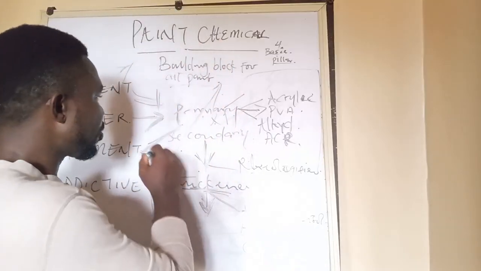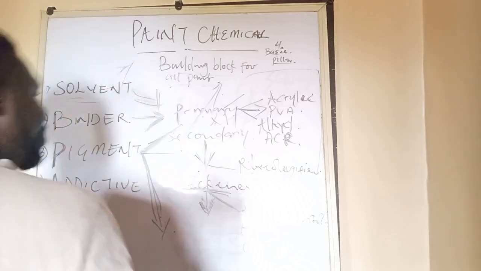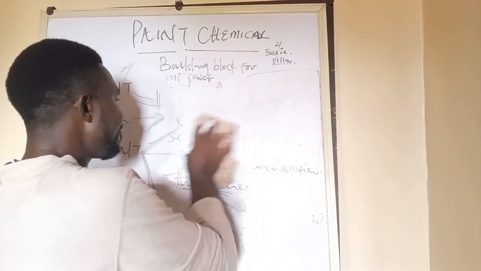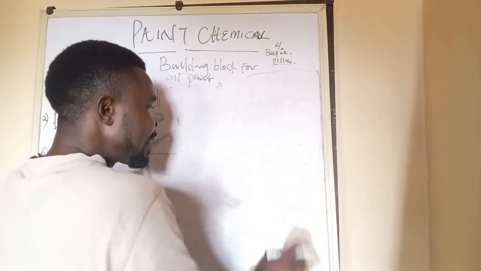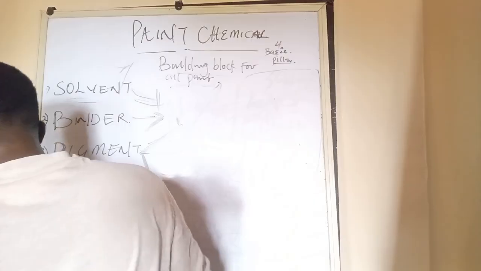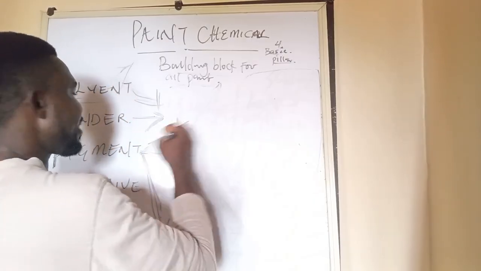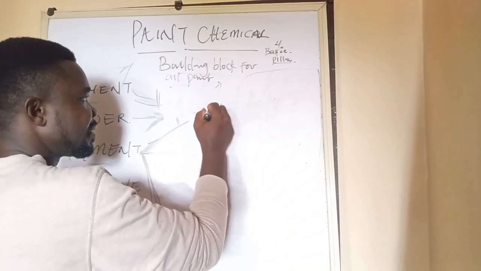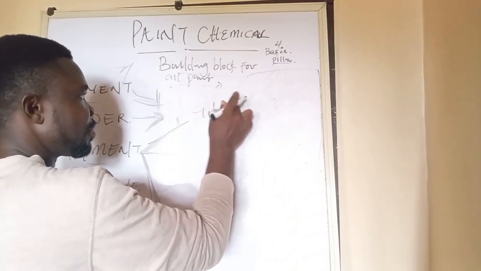The very first one we know is your prime pigment. I've explained what prime pigment is over and over again. Example of prime pigment includes your titan. So inside this pigment, we have prime pigment, titan.